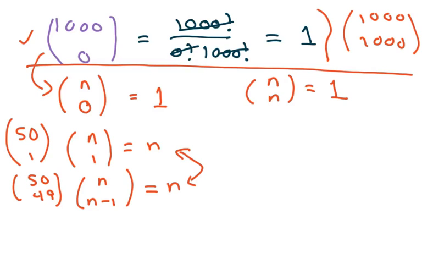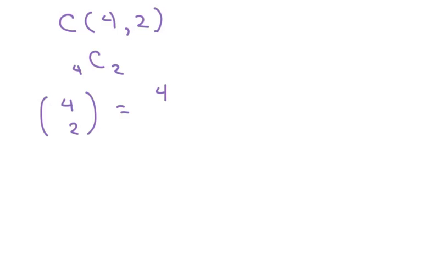All right. Now, as far as the calculator goes, this is a certain notation we use. We also could be using the notation C(4,2), which is the same as 4C2. It's a combination. What we've been doing is 4C2, which would be 4 factorial over 2 factorial times 2 factorial.